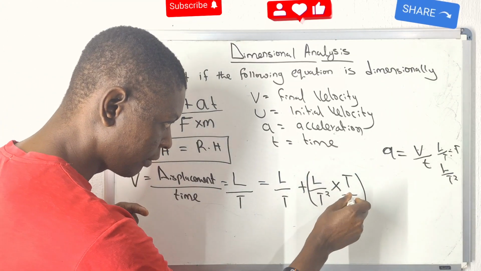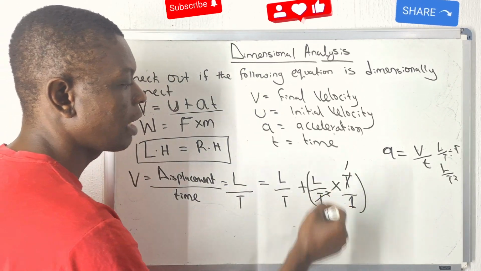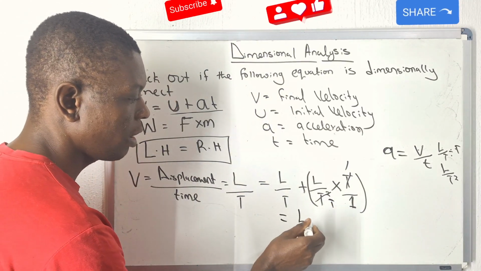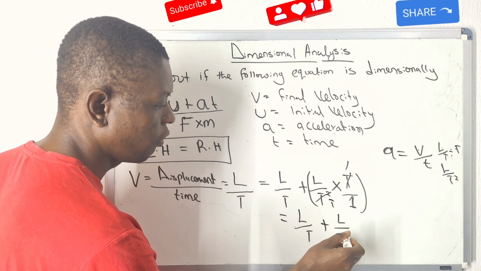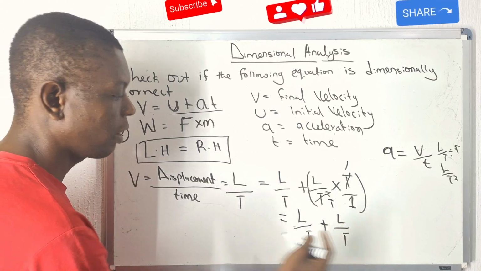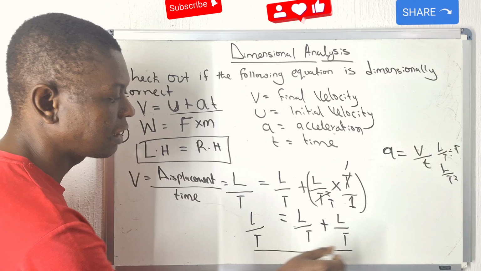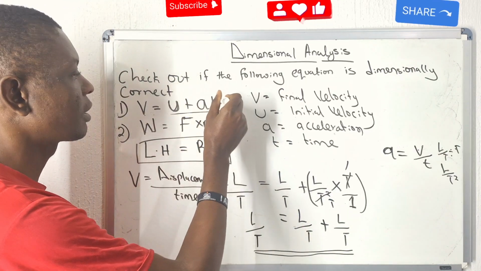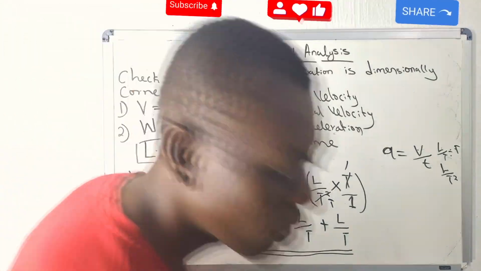One T goes into this T squared, so we are left with one T. So you can see that this becomes L over T plus L over T. On the left-hand side we have L over T, and on the right-hand side we have L over T. All of them have the same dimension, L over T. Therefore this equation is correct, and we can use it to solve what we want to solve.